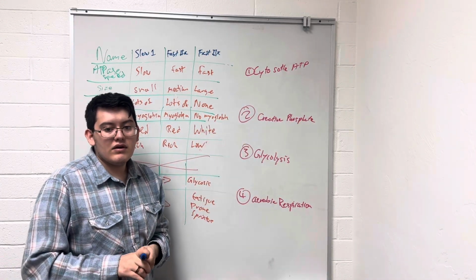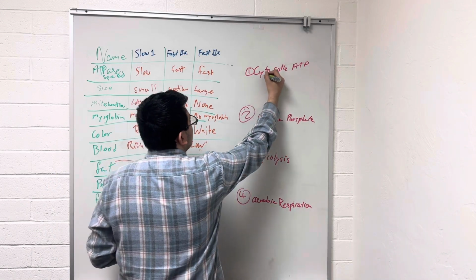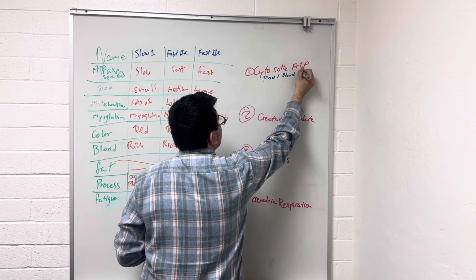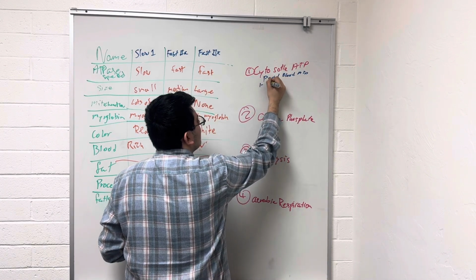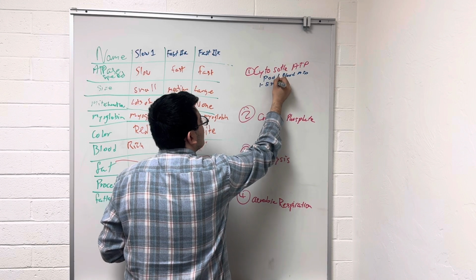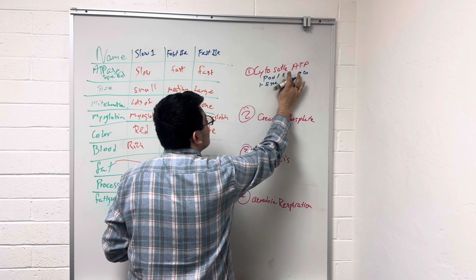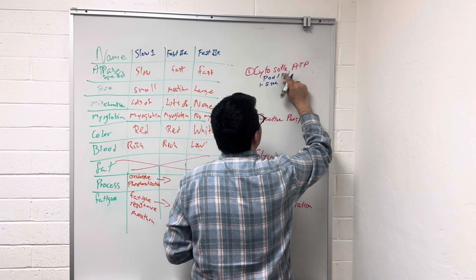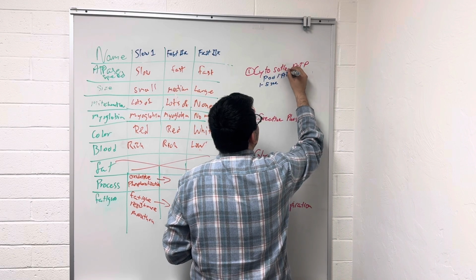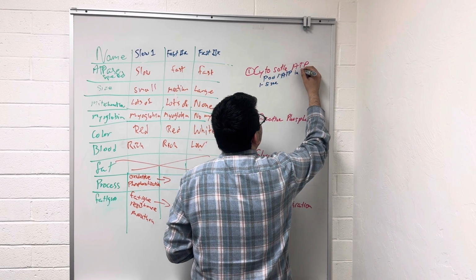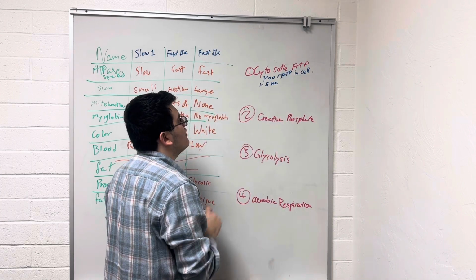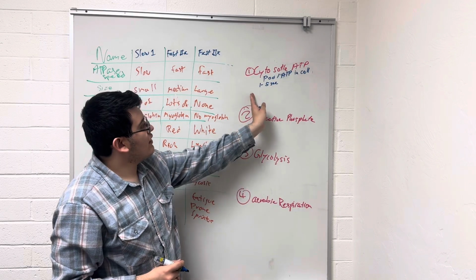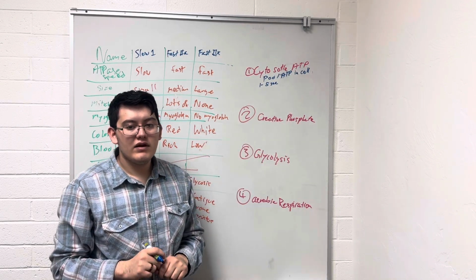Cytosol ATP tends to be a pool of ATP inside the cell, not in blood, floating around inside the cytosol, the cytoplasm. It tends to act between 1 and 5 seconds, so it's quite fast.